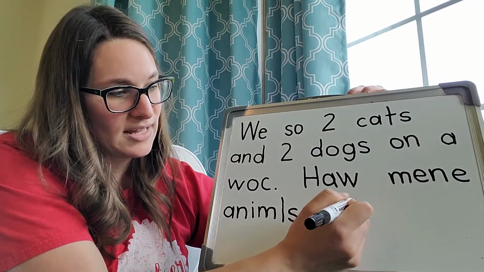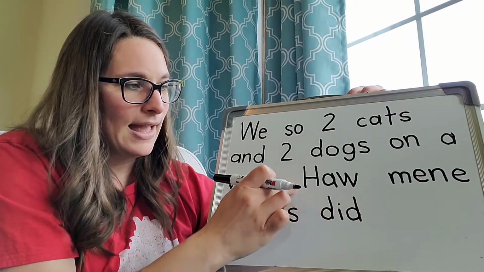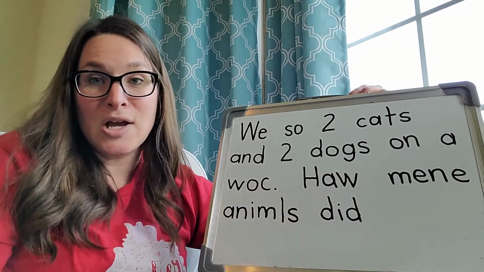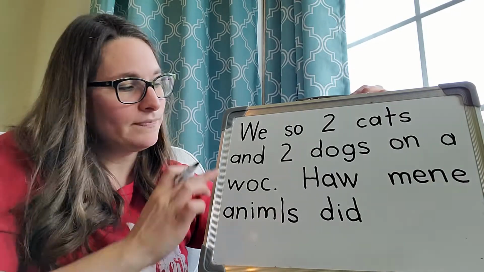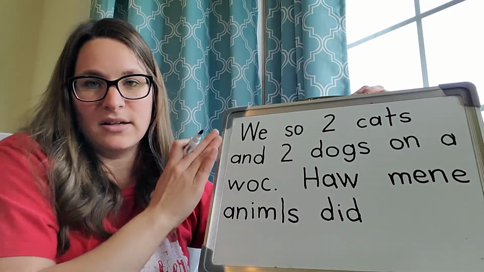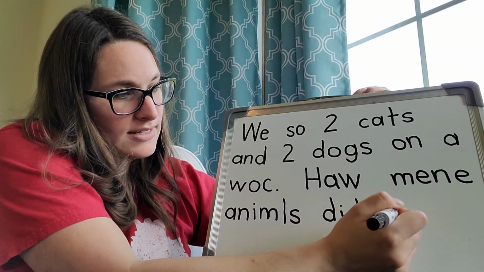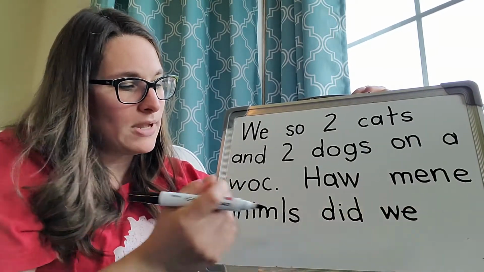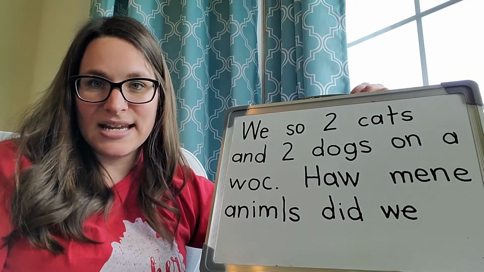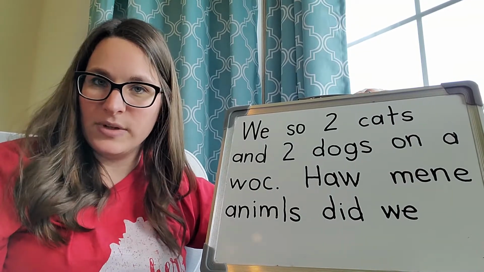So this word has two D's in it. How many animals did we? I know how to write we. We is already a word that we've written, and it is a sight word. So I'm going to write W-E. How many animals did we see? There's another sight word. How do we spell see?